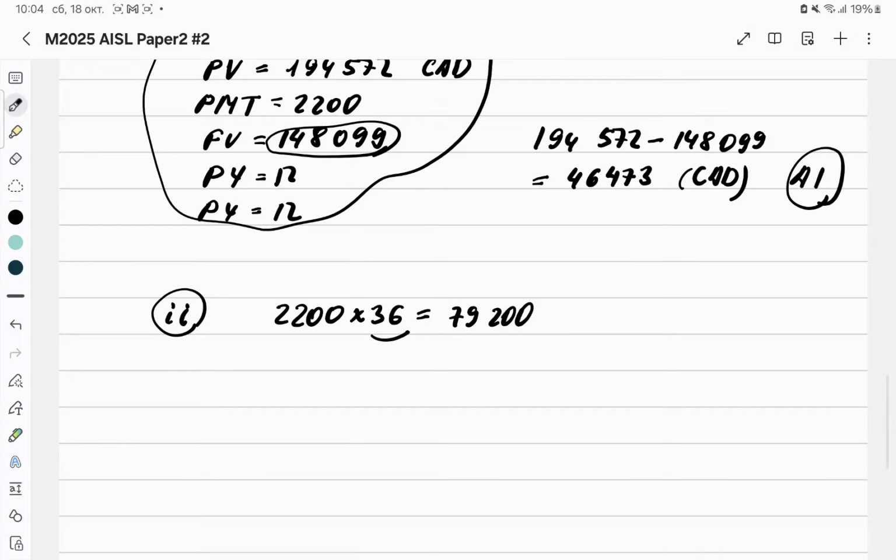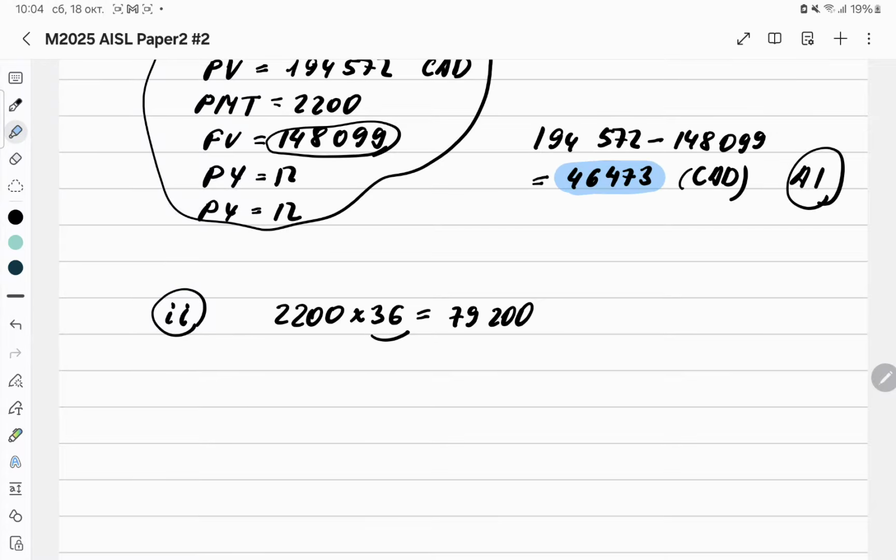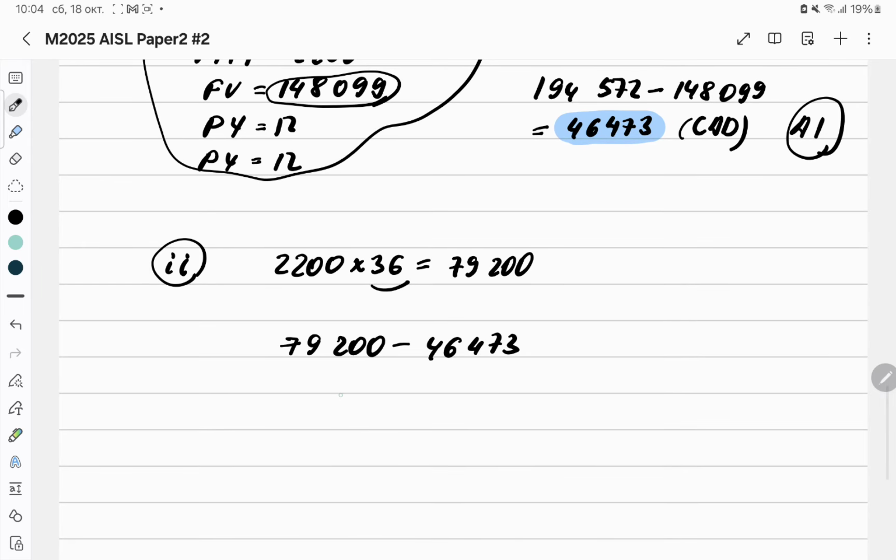And then the actual loan decreased by this amount of money. So we have to again subtract from this amount of money the actual amount that decreases. Okay, so that's why it is 32,727. So this is the answer for this question.